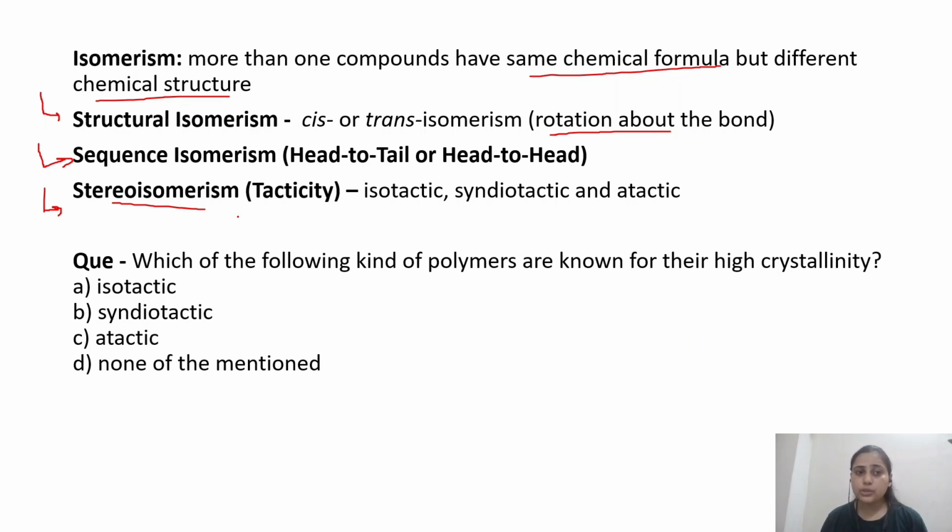In stereoisomerism, based on tacticity, polymers are further divided into three types: isotactic, syndiotactic and atactic. In the question below, it is asked which of the following kinds of polymers are known for their high crystallinity.